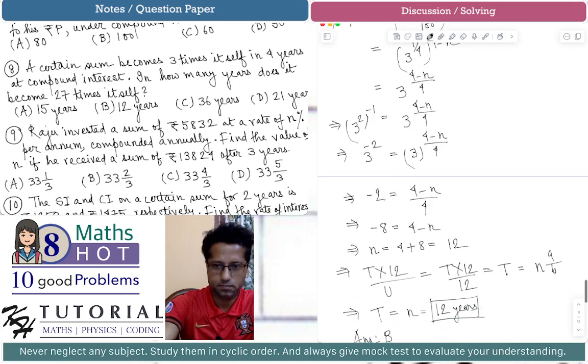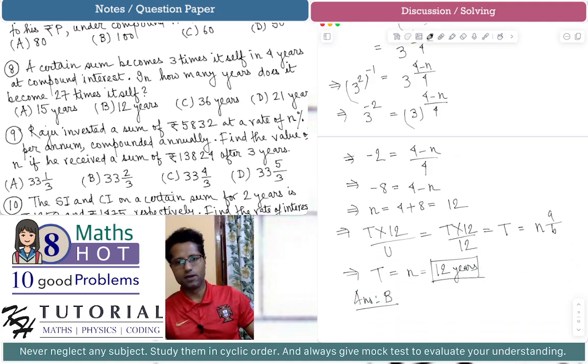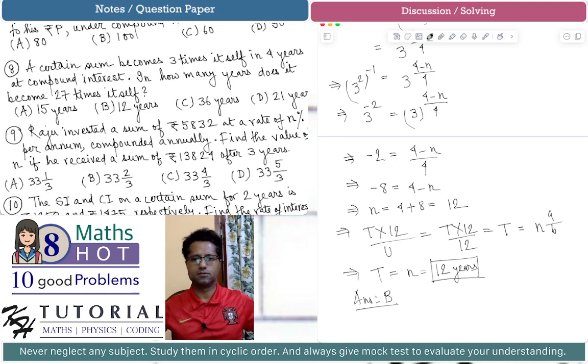Now we have already figured out that for the second case, t will be equal to n, small n. Why?